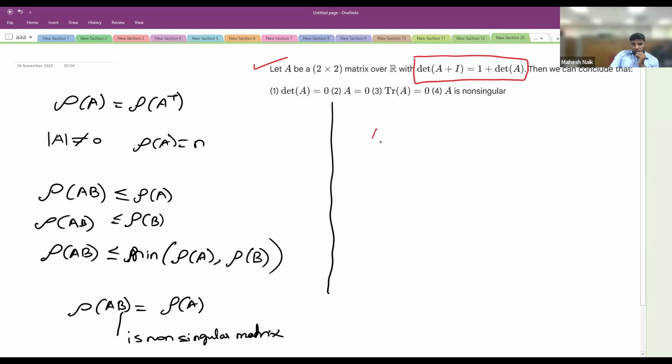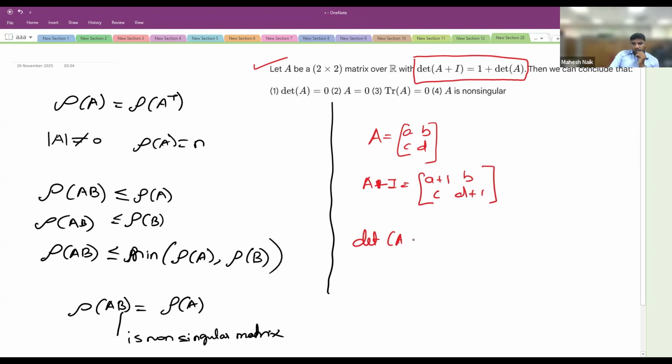Since the matrix is of order 2 cross 2, you can take a general matrix A with entries a, b, c, d, and we can have A plus I, which would be a+1, b, c, d+1.